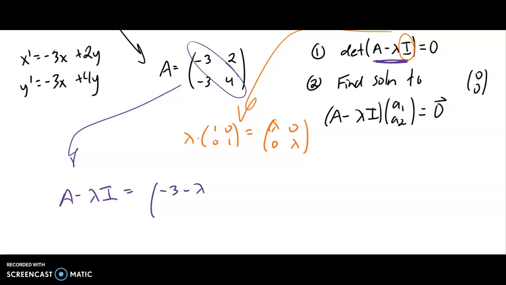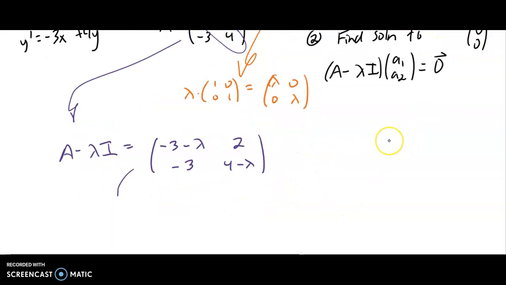So I get -3 minus lambda, 2, -3, and then 4 minus lambda. The next thing that I'm going to do, this equation up here says the determinant of A minus lambda I equals 0. So I'm going to do the determinant of this matrix. Remember, when I do a determinant, we go this way. We do that product minus this product.